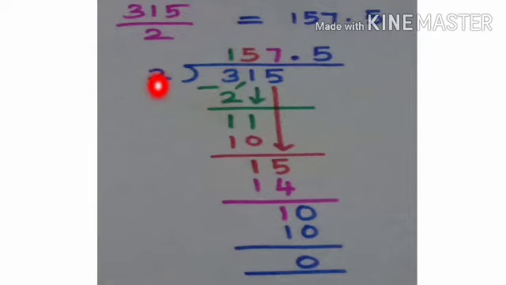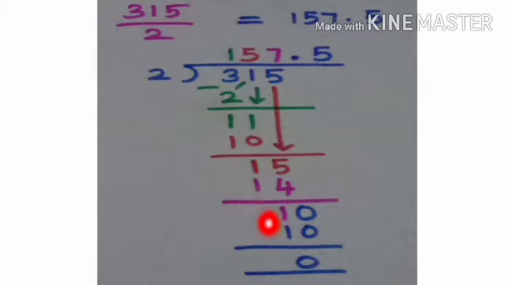That is 5 into 2 is 10. Now 11 minus 10 is 1. Bring 5 down. Similarly, how many times is 15 divisible by 2? 7 times. Put 7 in the quotient. 7 into 2 is 14. 15 minus 14 is 1.